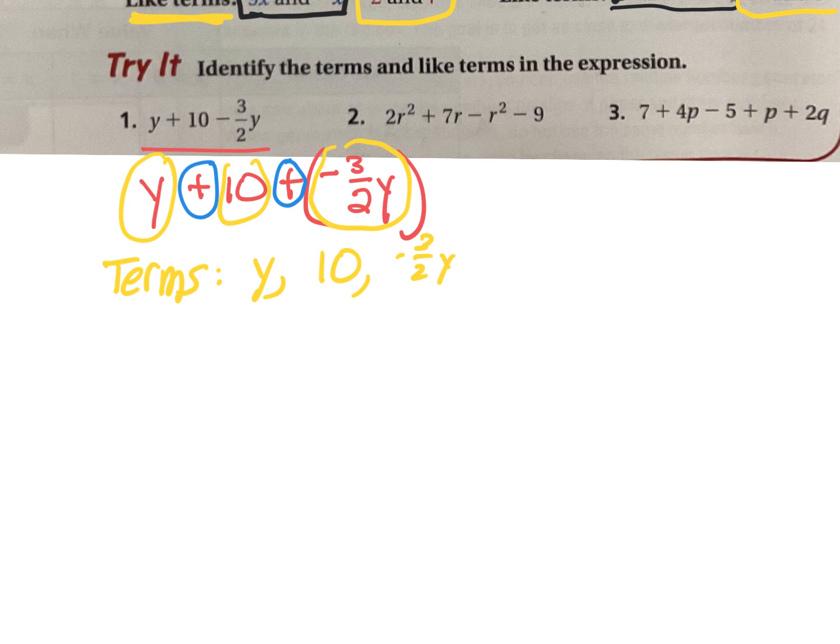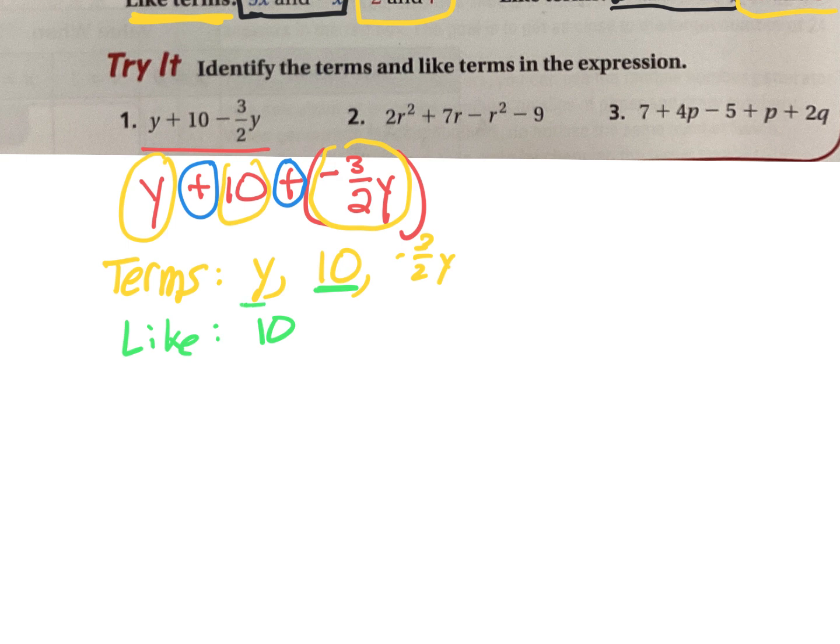Terms are y, 10, negative 3 halves y. Now, which ones are like? Well, I see this 10 is a constant. And are there any other constants? No, everything else has a variable. So 10 is its own term, not like the other two.